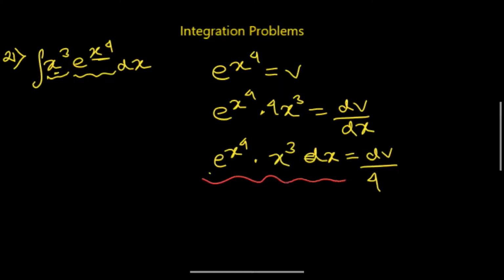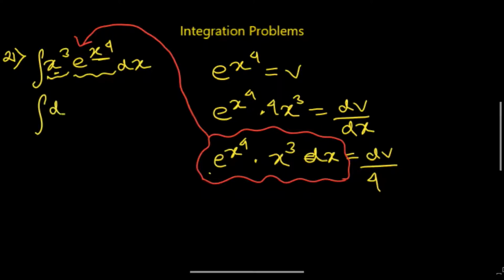As you can see, this term is very similar to the term given in the question. So on substituting we get integration of dv by 4 here. So dv by 4 gives what? 1 by 4 comes out of the integration, and integration of dv gives v plus c.